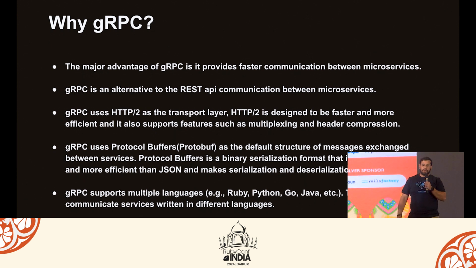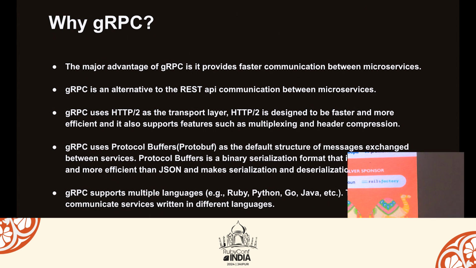In our APIs we use JSON, so it's faster than JSON because of the serialization and deserialization. One more important point of gRPC is that it supports multiple languages. If our microservices are built in different languages, it's really good for interacting with each language, and it interprets the language very quickly with the help of the protocol buffer.